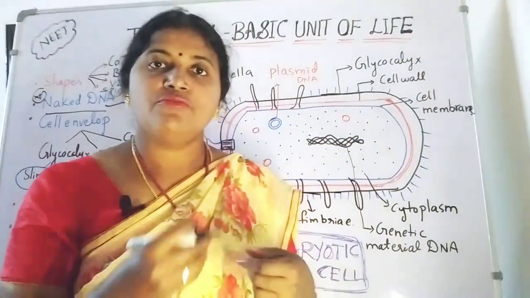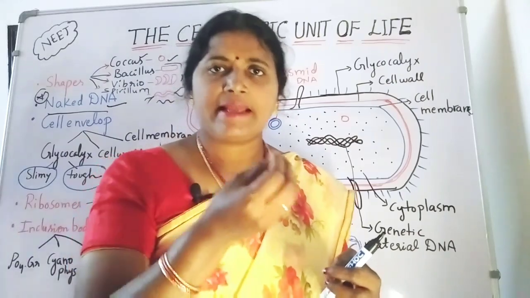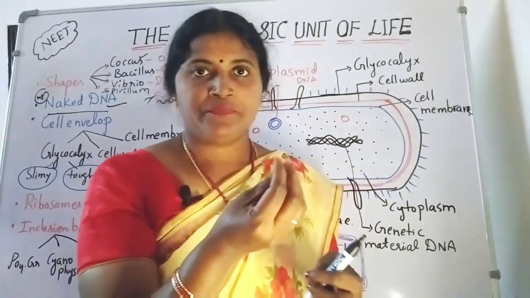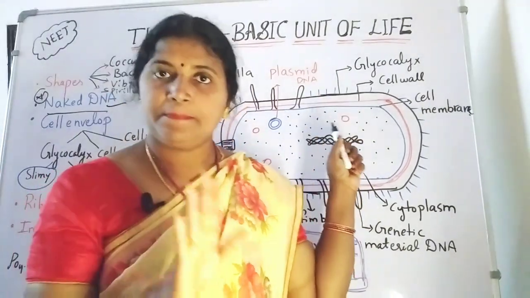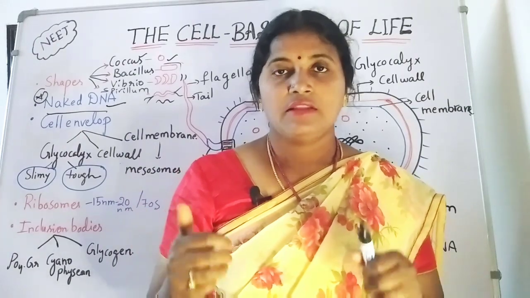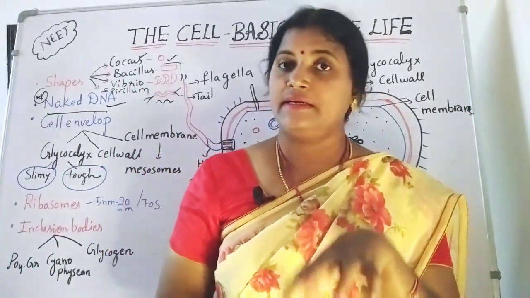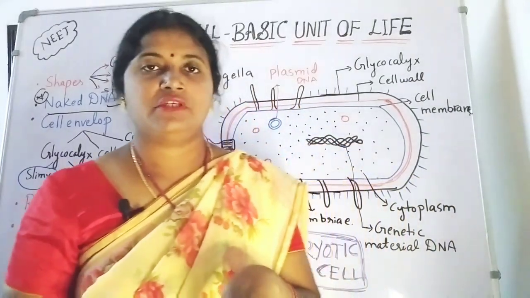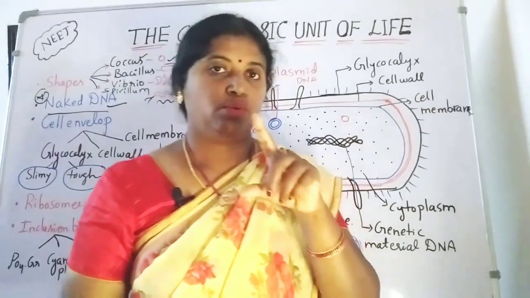Because of the presence of more fluid contents and chemical secretions, it is slimy. Slimy means sticky, a thin, smooth layer. In some bacteria it may be a thick and tough membrane, and it is useful for the protection of the organisms. So the first outermost layer is glycocalyx.